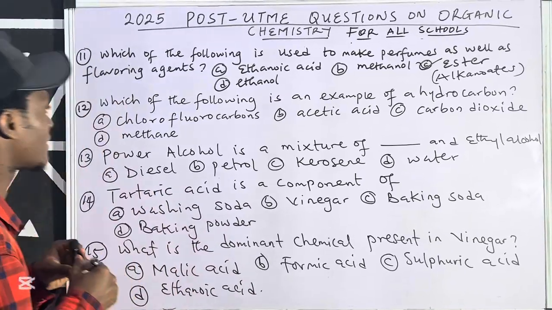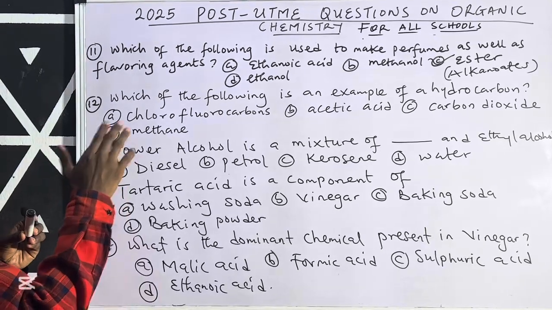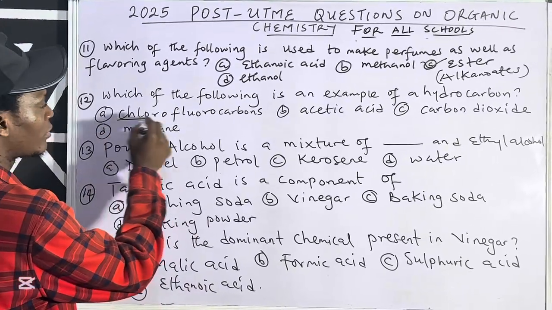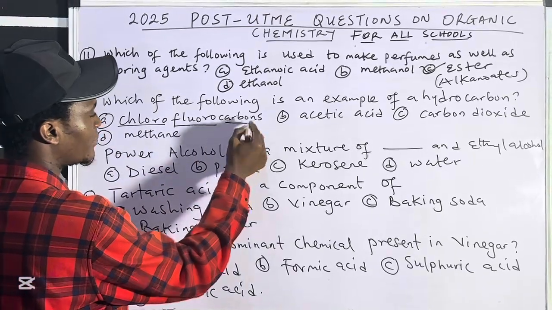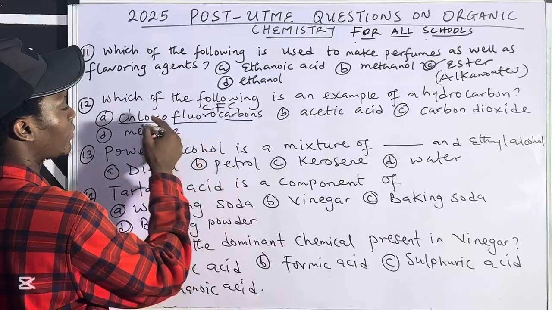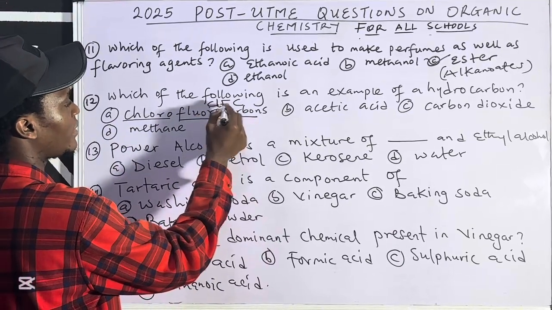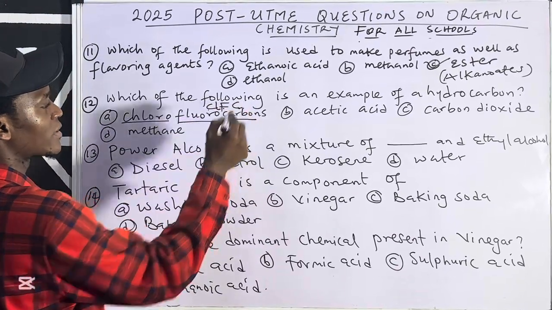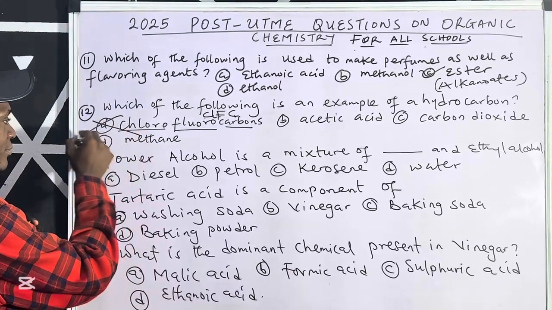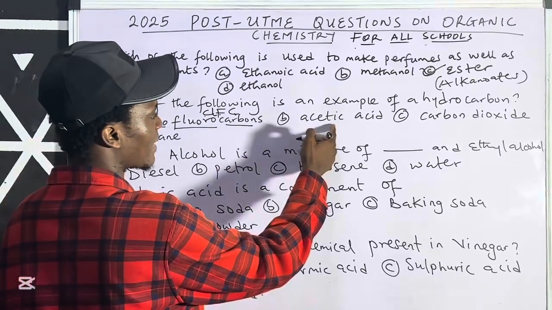So let's check. They said which of the following is an example of hydrocarbon? Looking at option A, chlorofluorocarbon, meaning C, F and C. Now chloro is chlorine, containing fluorine and containing what? Carbon. That's not an hydrocarbon. So this one is out. Then acetic acid.